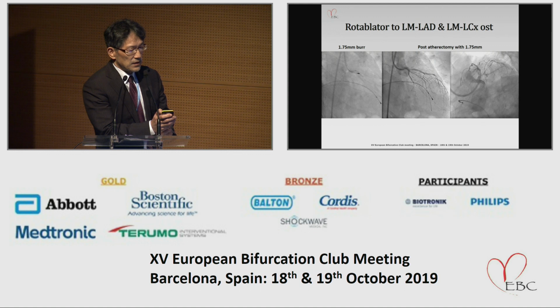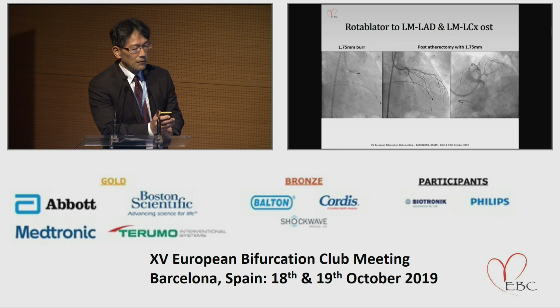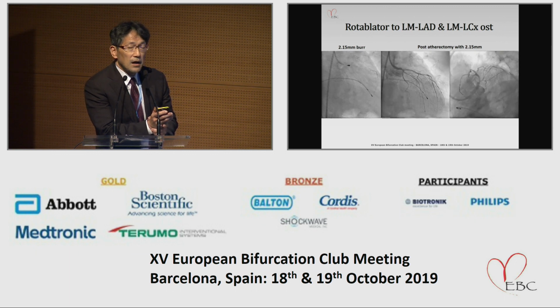We chose the 1.75 burr, and the middle panel and the right panel show post-atherectomy with the 1.75 burr in the left main to the LAD. And then we escalated the burr size up to 2.15. The middle panel and the right panel show post-atherectomy with the 2.15.